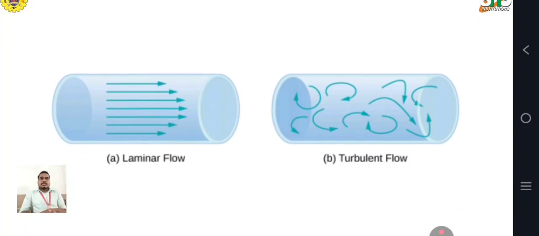Another method for representing fluid motion is a streamline. A streamline represents the path a small volume of fluid flows. The velocity is always tangential to the streamline, that is the laminar flow. The first diagram shows laminar flow.